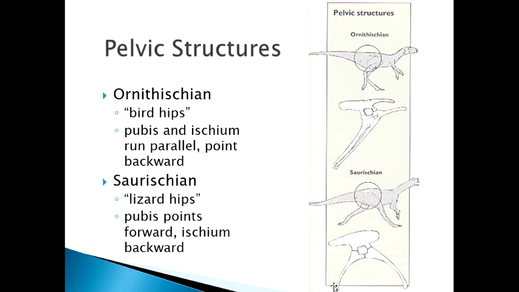The ischium still points backwards, but the pubis points forward. So notice the simple separation between these two. It's the same 3 bones. You could have dinosaurs that look remarkably alike on the outside, but their pelvic structures can be vastly different.